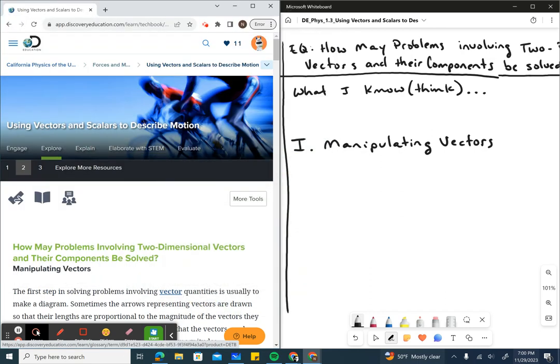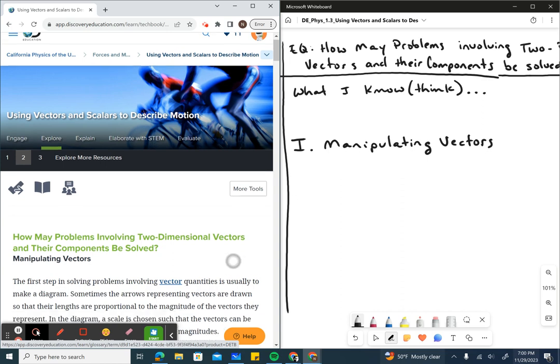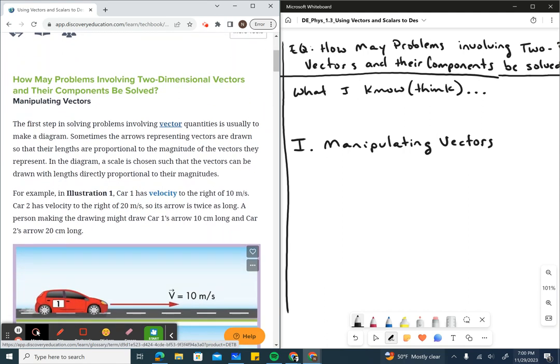The first step in solving problems that involve vector quantities is usually to make a diagram. Make a diagram. Okay, and I don't know why all of a sudden this thing switches. Like now it only works with my finger, but I'll try to keep that straight.